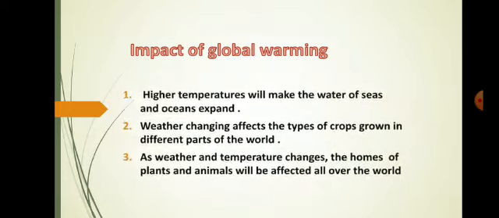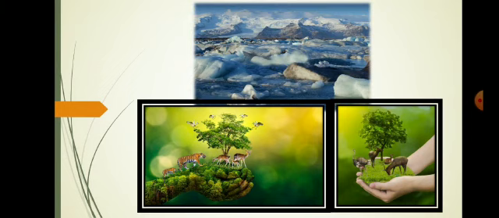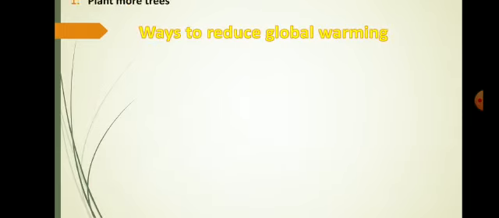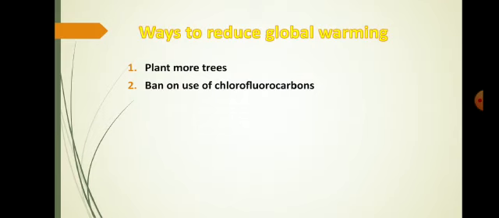Next, we'll see ways to reduce global warming. We need to adopt certain preventive measures involving individual, community, country and even international level. Ways to reduce global warming: first, we can plant more trees, then ban the use of chlorofluorocarbons.